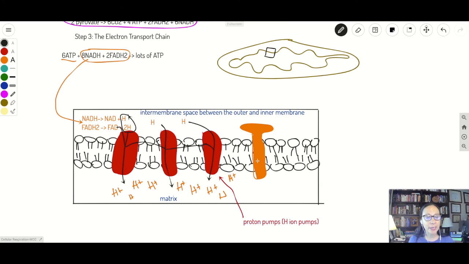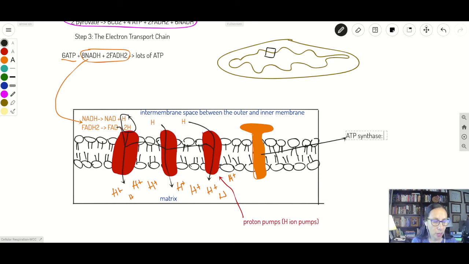And there's this enzyme downstream. This enzyme is called ATP synthase, and it's a very important enzyme. Its job is to make ATP.